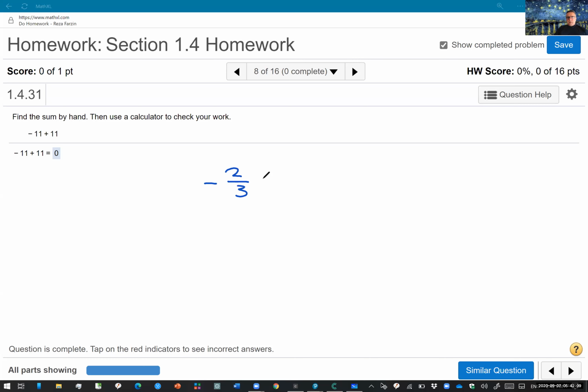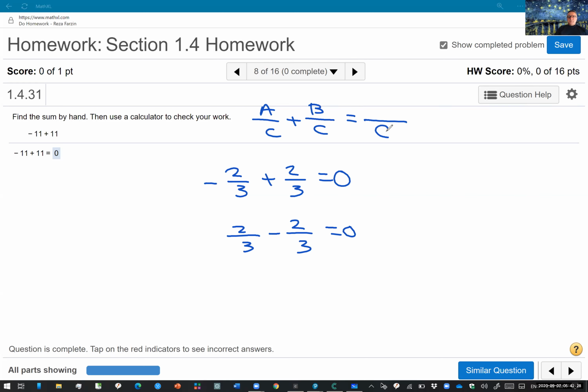So you can have negative 2/3 plus 2/3. That's also 0. Or you can have 2/3 minus 2/3. That's also 0. Of course, because the rule is this. When you have a over c plus b over c, you keep the c and you combine the a and b. And if it works with addition, it also works with subtraction.